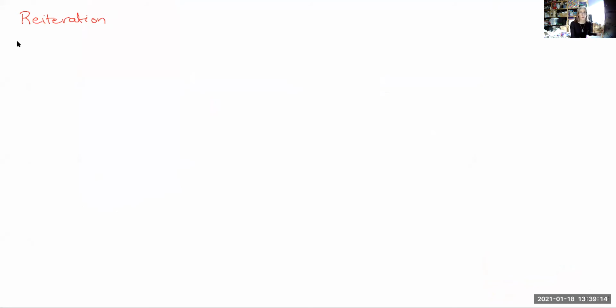And then we are also going to do, but not all in one video, conjunction introduction, conditional introduction, and negation elimination. That leaves 5 rules for you to try to prove the soundness of on your own. With these example proofs to give you some structure, you should be able to come up with the proofs yourself. Reiteration is very straightforward.